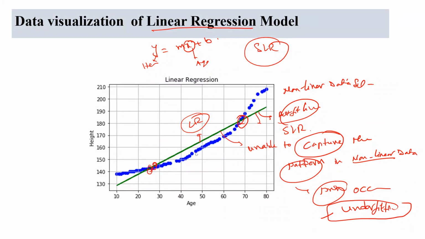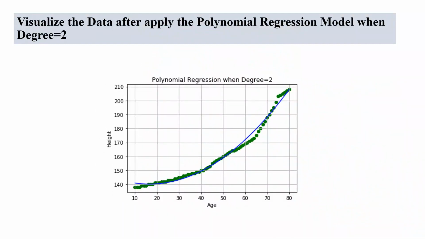On this same data set, you can apply polynomial regression. This is the visualization of the data after applying the polynomial regression model when degree is equal to 2. When degree is equal to 2, see, this is our model, the polynomial regression.